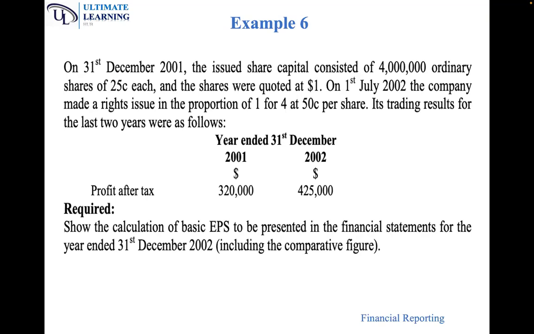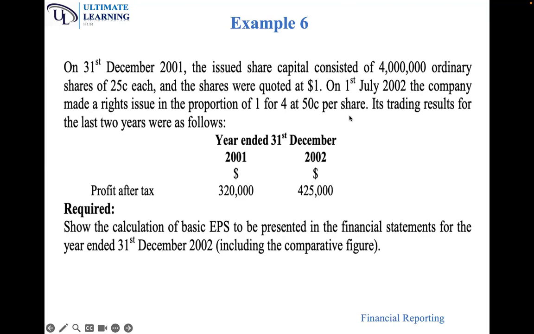Remember, in a bonus issue of shares, there is an adjusting factor in the current year of X plus Y divided by X, and in the previous year, X divided by X plus Y. The adjusting factor in a rights issue is MPS over TAP, theoretical X-right price, in the current year, and in the previous year, it is TAP over MPS. And that brings us to the end of basic EPS.